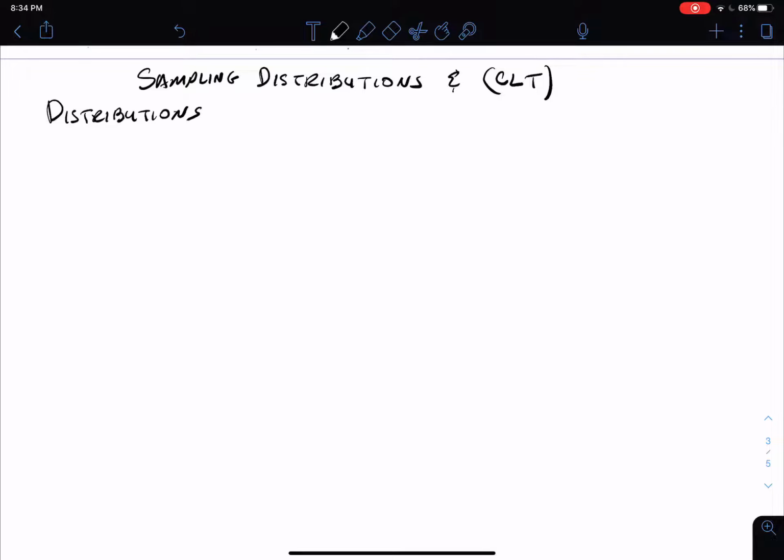So let's first just talk about distributions in general. The distribution that we've been honing in on a ton, of course, is the normal distribution.